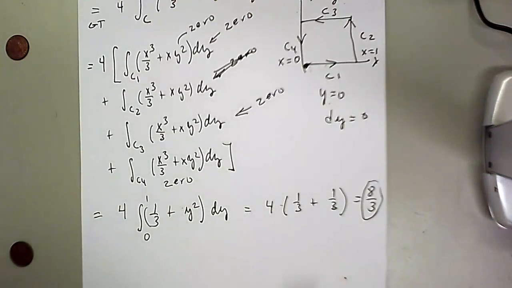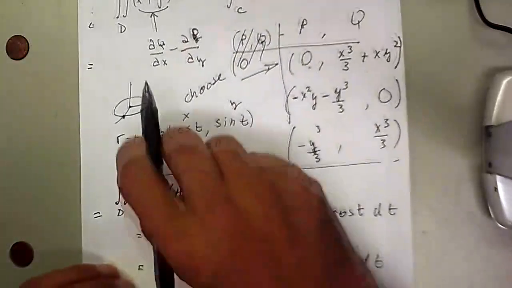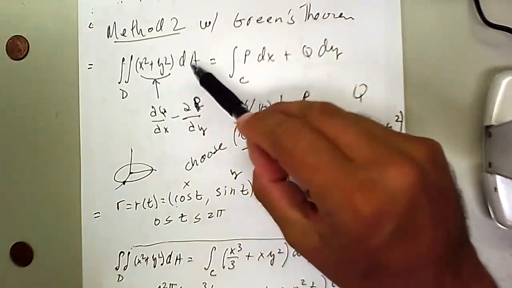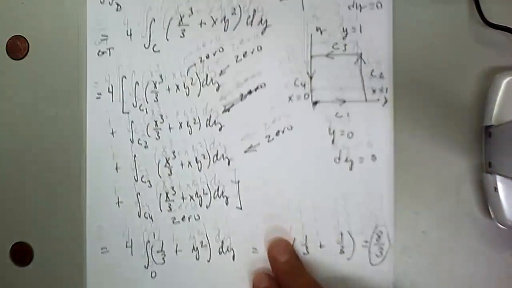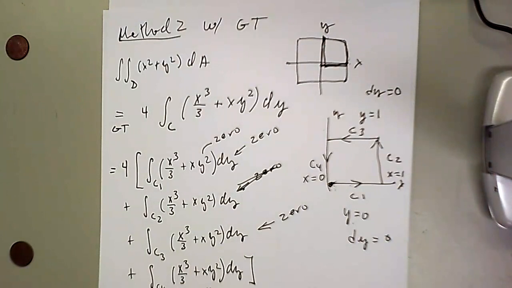So notice that if we want to find the double integral, oh, this was not the one. I'm looking for my example 3. Oh, there it is.